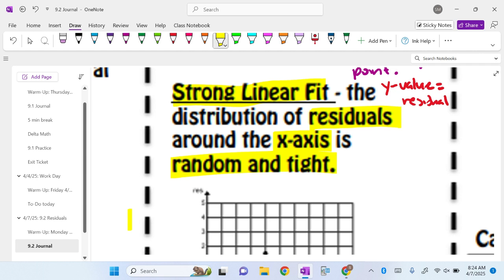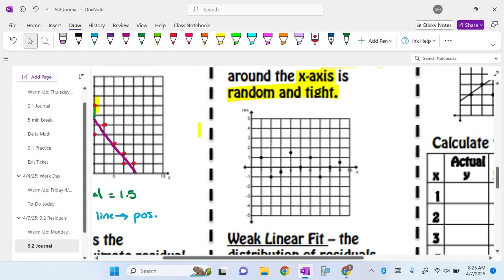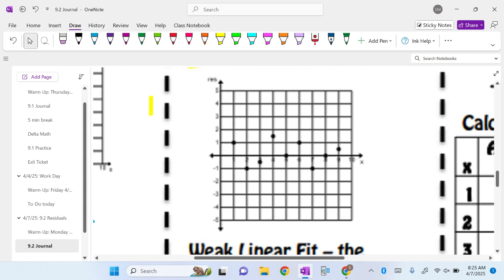So very similar with residual plots. The closer it is, the tighter it is to the x-axis, the more likely it's going to have a strong linear fit. That's how well it fits. So for example, this one here, here's all of our residuals, and here's the x-axis.